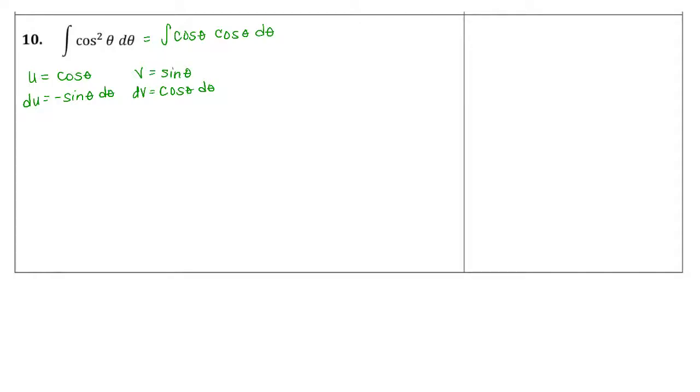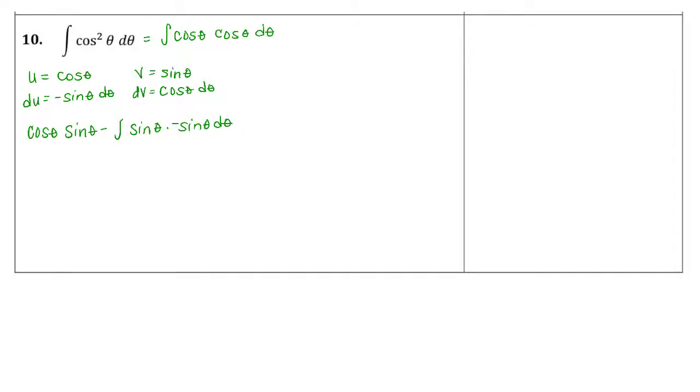All right, now we're ready to do our process. And so when we start this, we're going to have uv, so I have cosine theta times sine theta minus the integral of v du, which is another negative sine theta d theta.